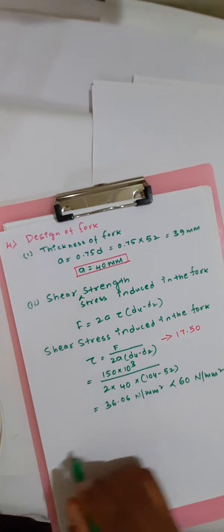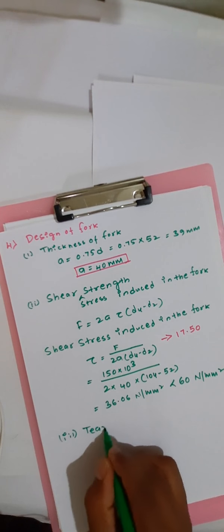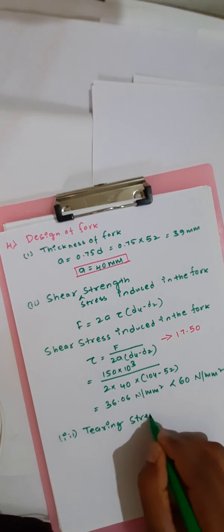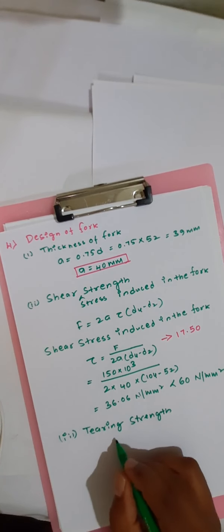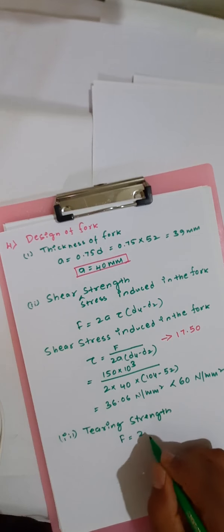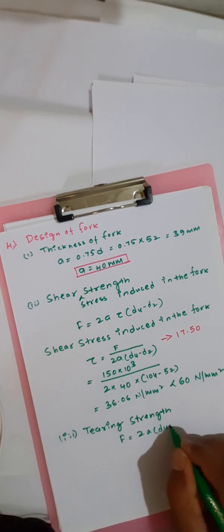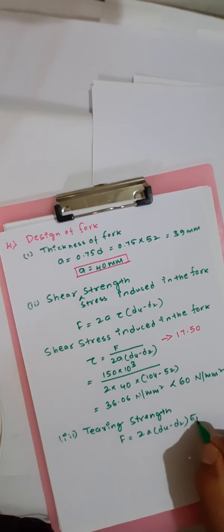Next we go for the tearing strength of the fork. F is equal to 2a (d4 minus d2) into sigma t.